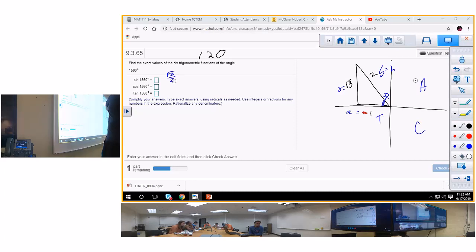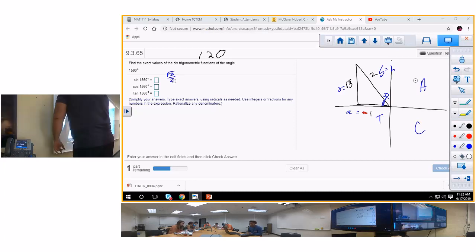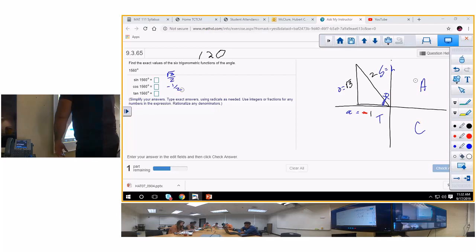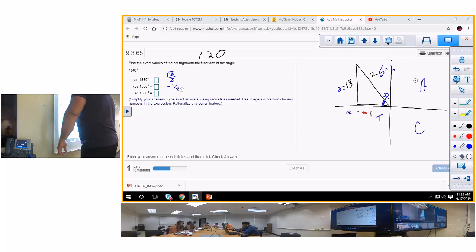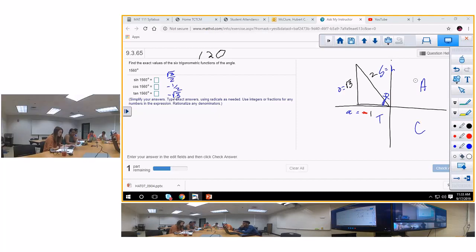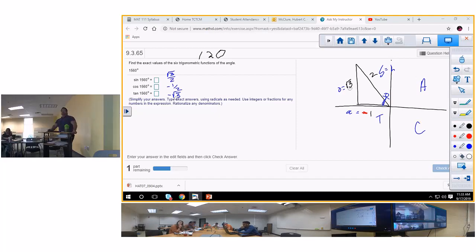And cosine would be -1 over 2. And then tangent would be negative square root of 3. Now that part is a test question. Anything with the 6 trigonometric functions or 3 trigonometric functions, it is a test question.